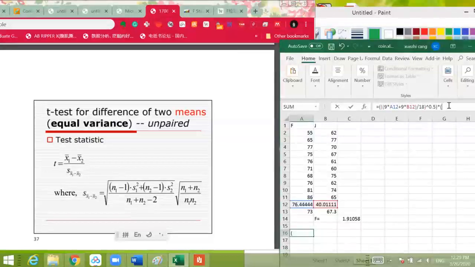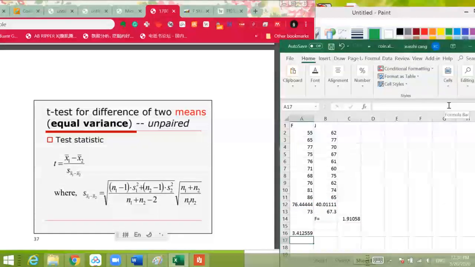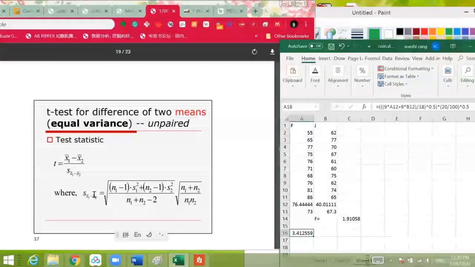The second part is the sum 10 plus 10, which is 20, divided by the product of n1 and n2, which is 100. Then here is just the standard deviation of x1 minus x2.